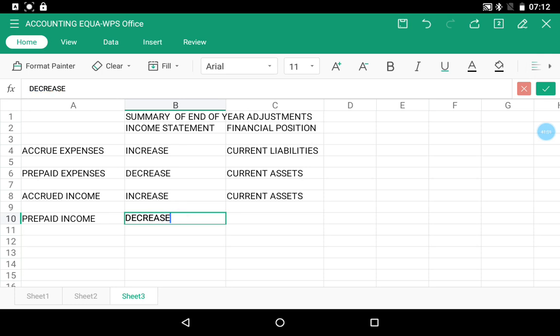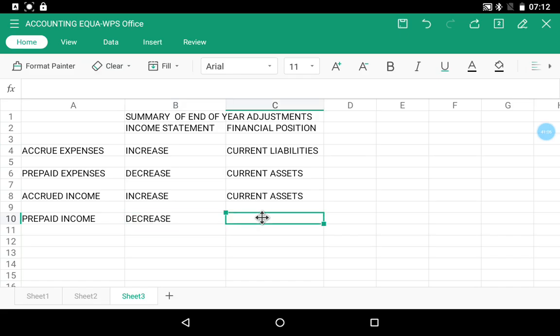Then under financial position, we shall record it under current liabilities.